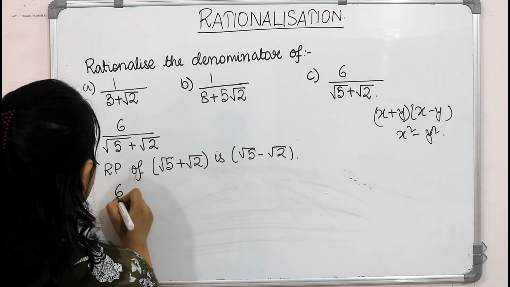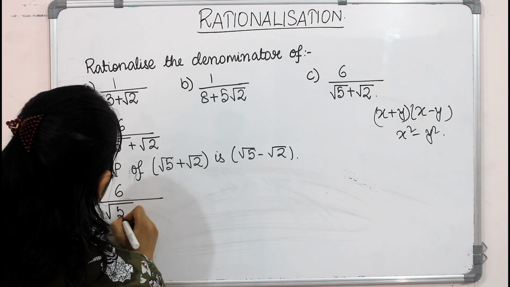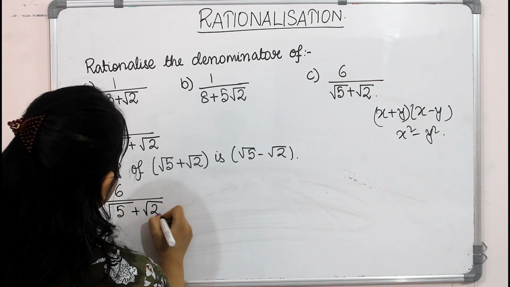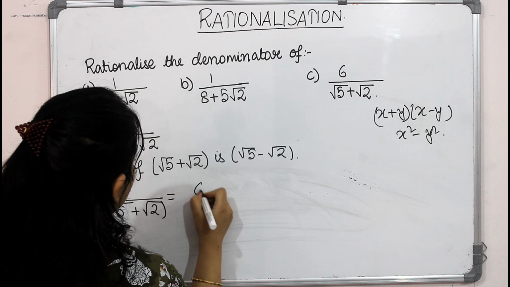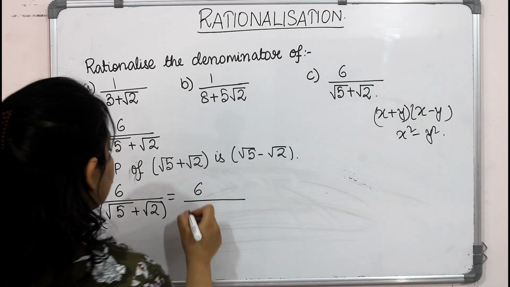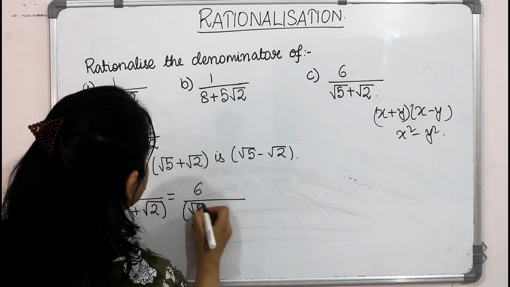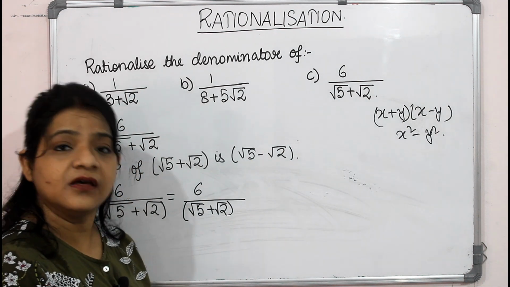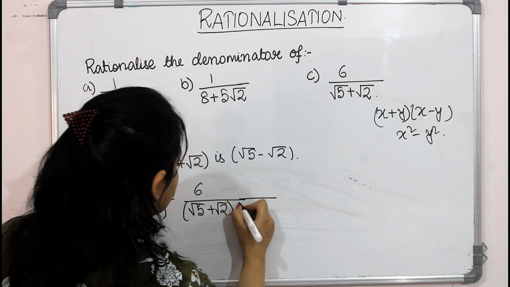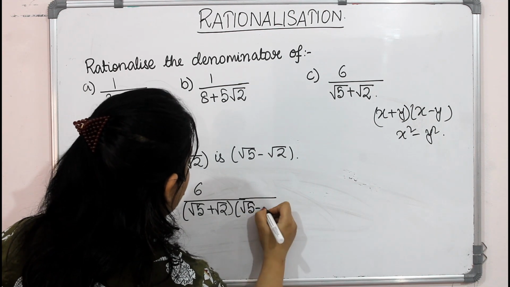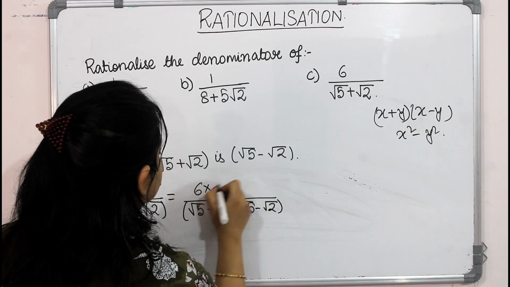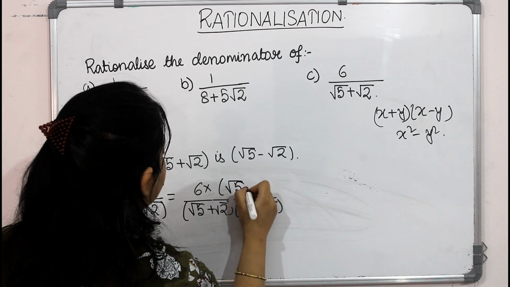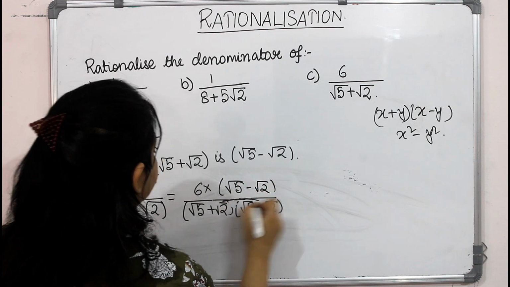Okay, so 6 divided by root over 5 plus root over 2, what will you do? You will multiply the denominator as well as numerator with root over 5 minus root over 2. So root over 5 minus root 2. So this becomes root over 5 minus root 2.